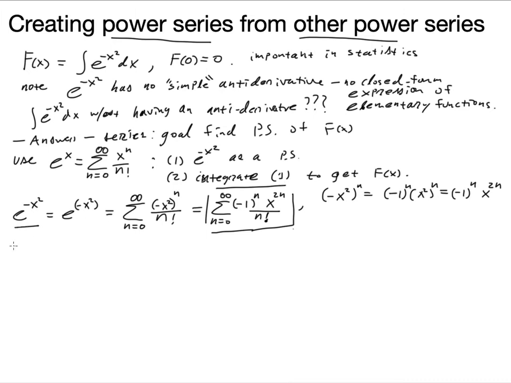So now what we're going to do is integrate. It's okay to integrate term by term. Back up here for a second. We know that f of x is equal to the integral of e to the negative x squared dx.